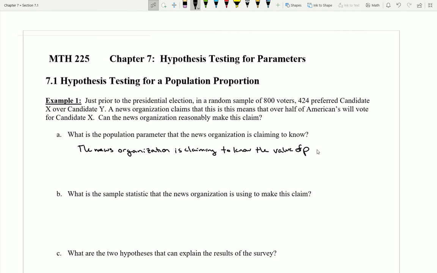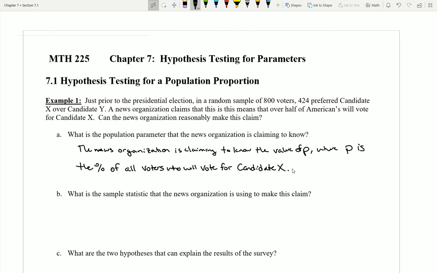Or in this case, the specific population percentage is the percentage of all voters who will vote for candidate X.